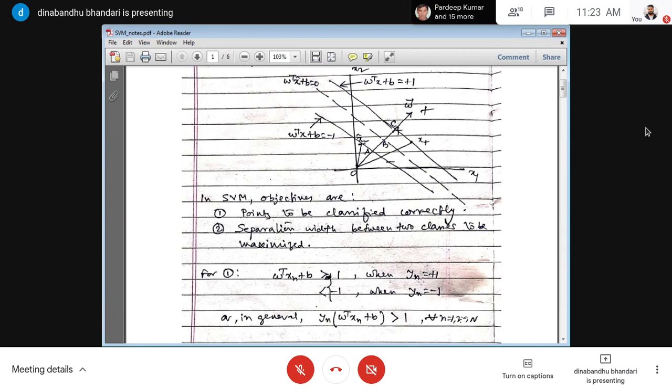When yn equals plus 1, multiply both sides by yn. You multiply this side with yn, which is plus 1, so yn into w transpose xn plus b. That's what I have written. Since yn is plus 1, this side remains as 1, so it is greater than 1. Now for the second one, when yn is minus 1, if I multiply the left side, w transpose xn plus b, by yn, this expression will come, and this minus 1 will become plus 1.